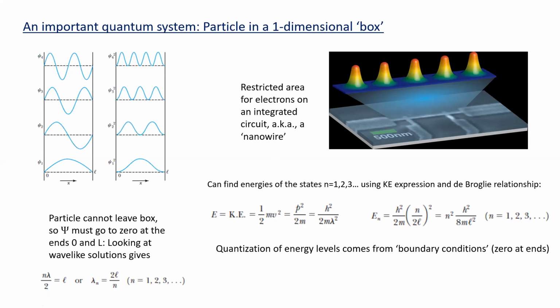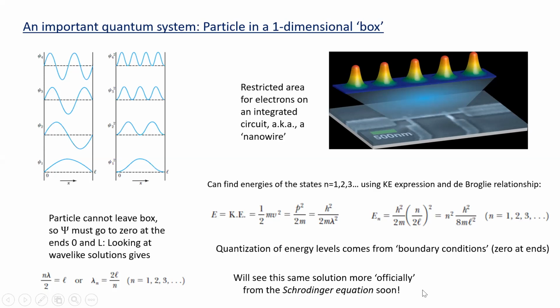And just to emphasize again, the so-called quantization of energy levels comes from what we call boundary conditions: the fact that the wave function had to go to 0 at both ends of the box. And we'll see this same solution, which we sketched out roughly assuming sinusoidal solutions, more officially when we introduce the Schrodinger equation quite soon.